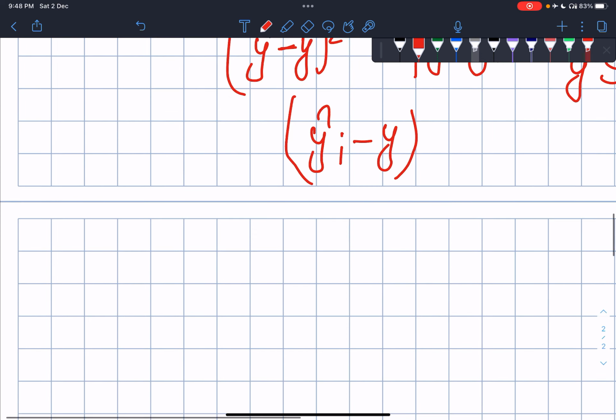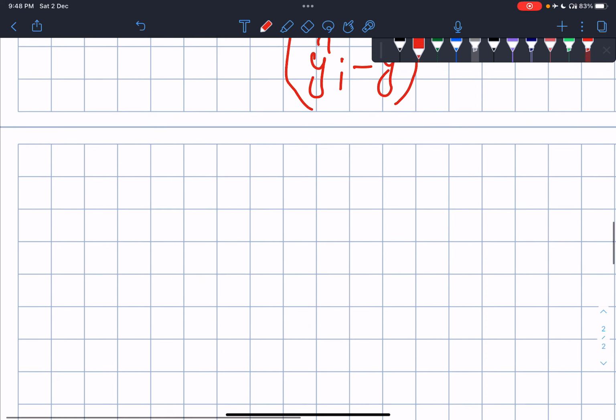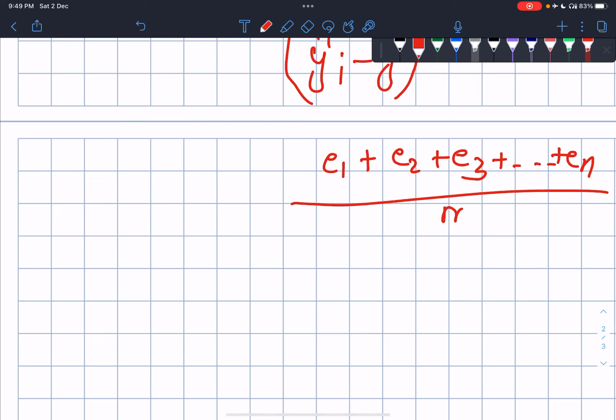Then we'll take the mean of it. Let's suppose the errors are e1 plus e2 plus e3 plus up to en, divided by n.